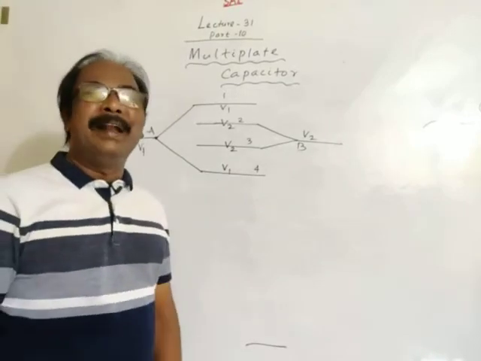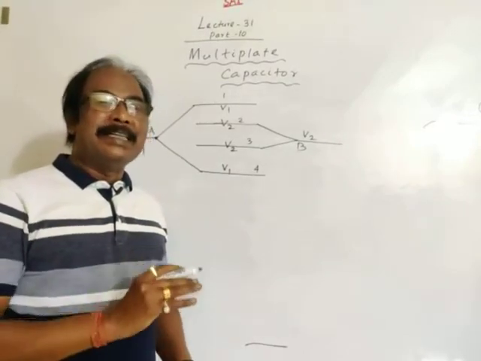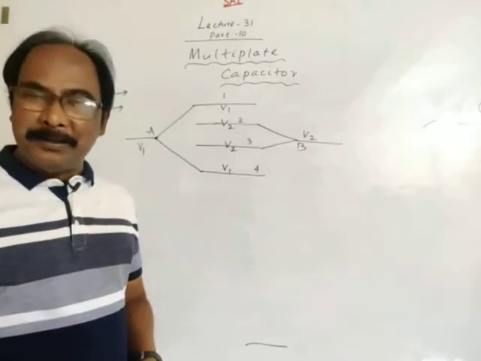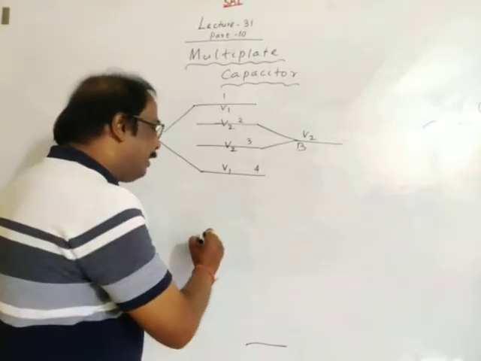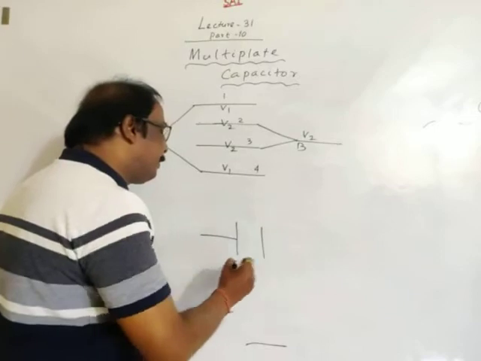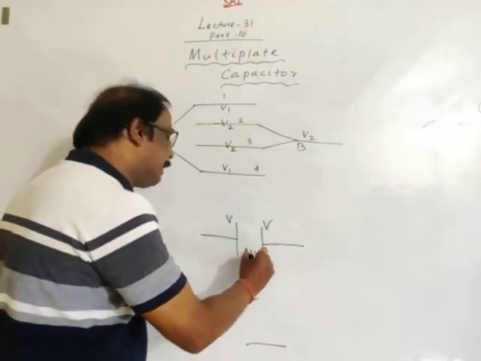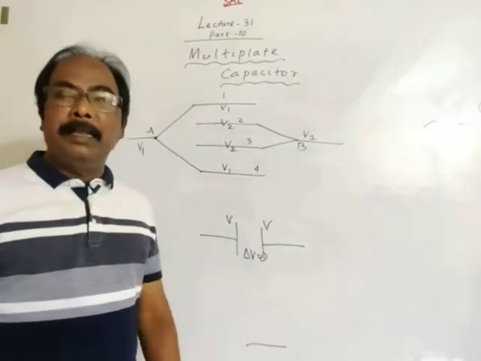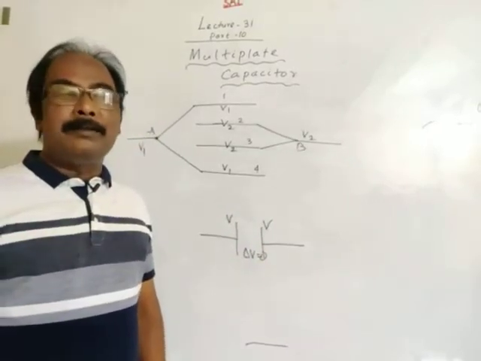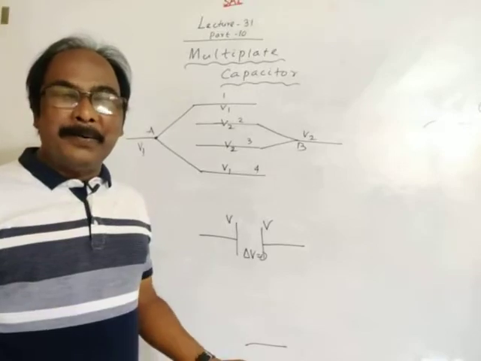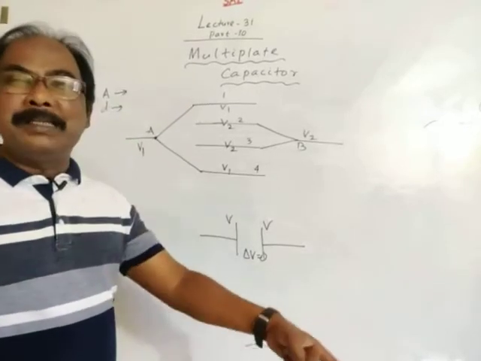We have already discussed the concept of such circuits of capacitors. If the 2 parallel plates of a capacitor are maintained at the same potential, then the potential difference is 0. Mathematically we have proved the capacitance is infinity, but practically what we will do is just remove this capacitor.